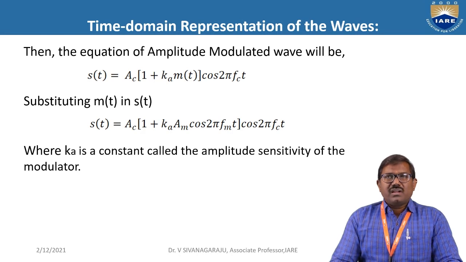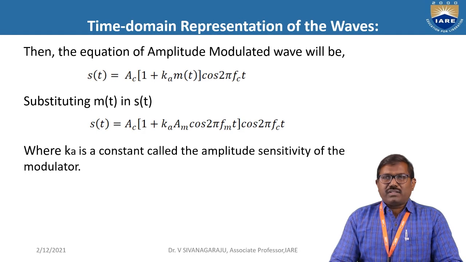So s of t is the amplitude modulated wave, which is equal to Ac of 1 plus Ka m of t cos 2 pi fc t. That is the modulated signal, where Ka is the amplitude sensitivity of the modulator.